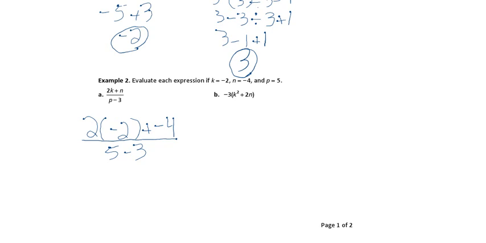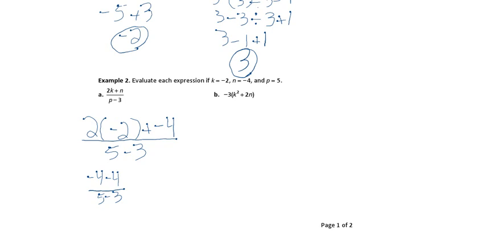So we have our top part grouped together and our bottom part. So after grouping is exponents. There are none. So then I move on to multiplication division. So first, when I do multiplication, this top part, it's 2 times a -2, which gets me -4. If I'm adding a negative, it's technically just subtraction. So -4. And then we have 5 minus 3. Next, I would actually do the subtraction that we have.